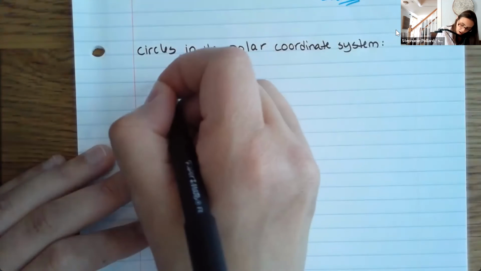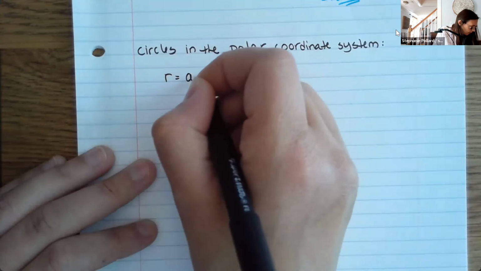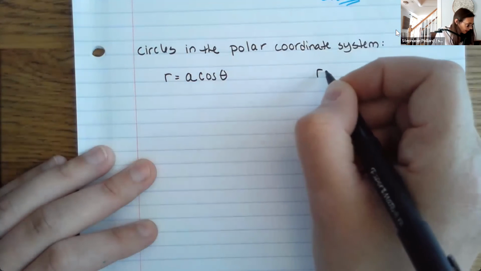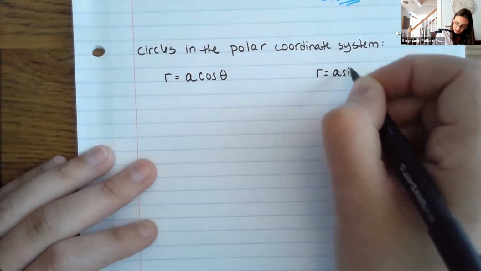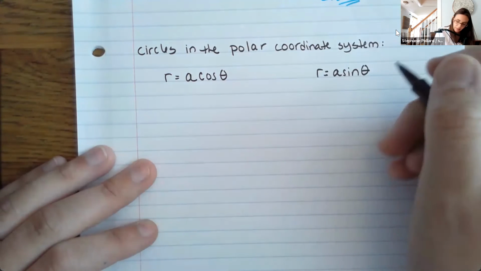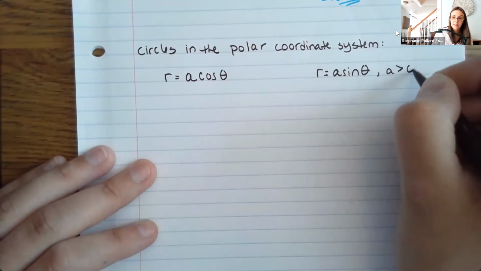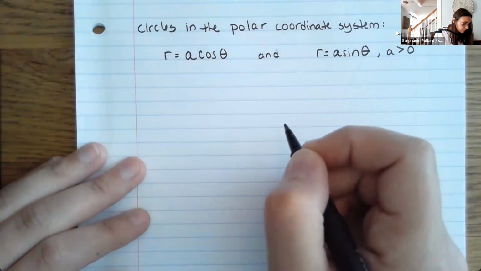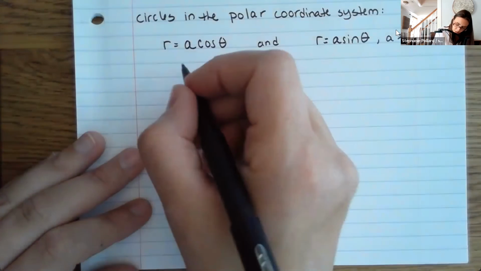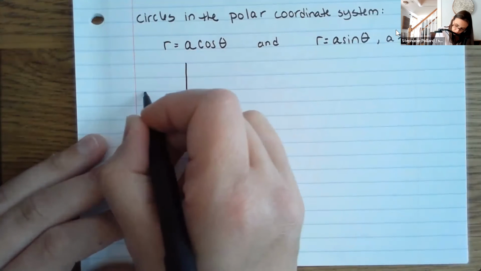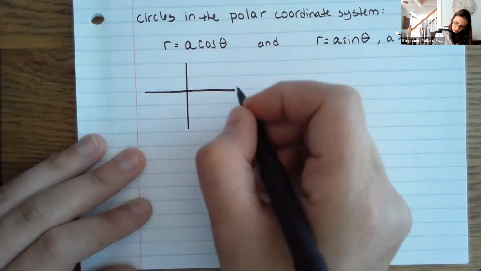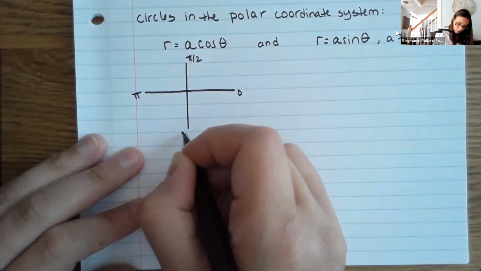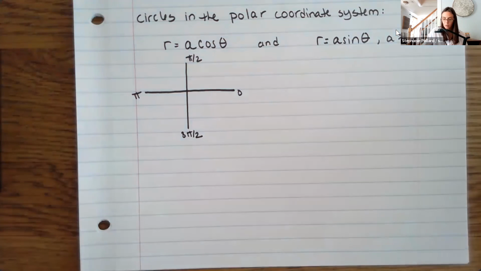If it's r equals a cosine theta, or r equals a sine theta, and a is greater than 0 in that case, these are both circles. So in the first case here, this would be your 0, your pi over 2, your pi, your 3 pi over 2. Your circle looks like this.